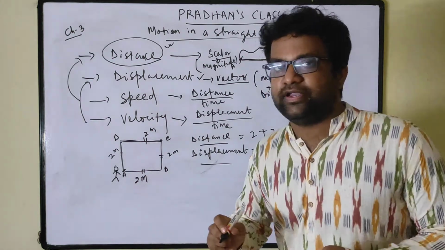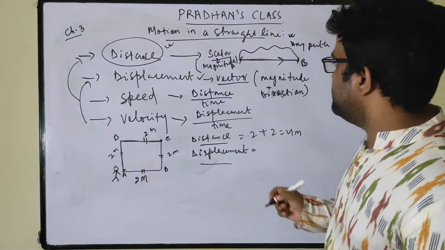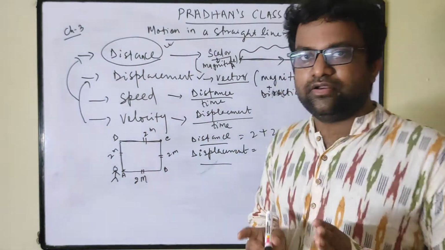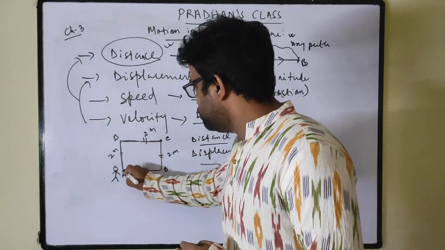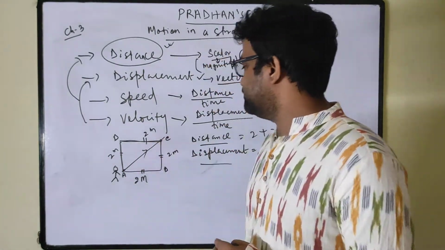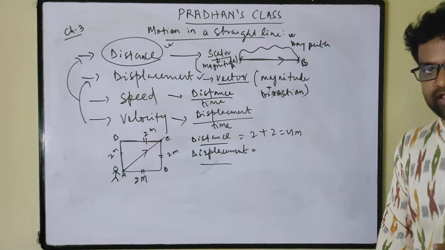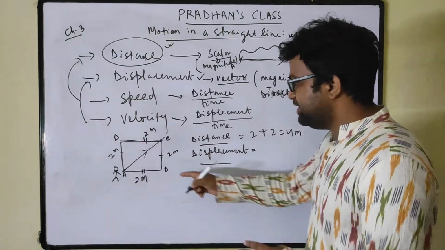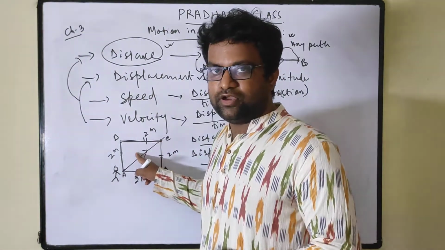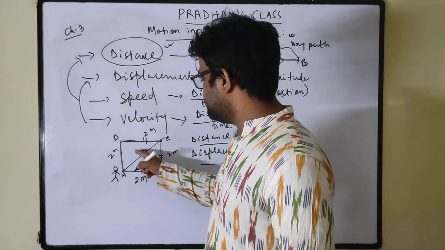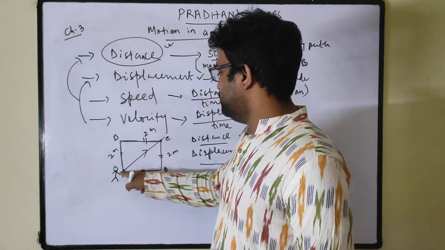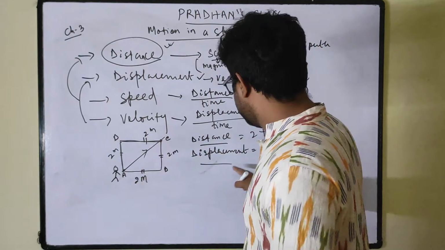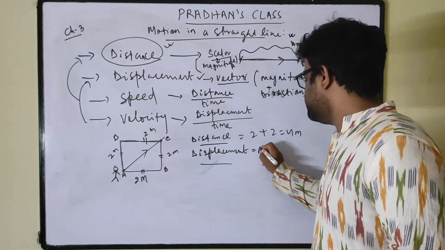What will be displacement? According to our definition, it should be the shortest one, a straight line. So if I join A to C in a straight line, that will be basically the diagonal of this square, right? So displacement will be AC here.